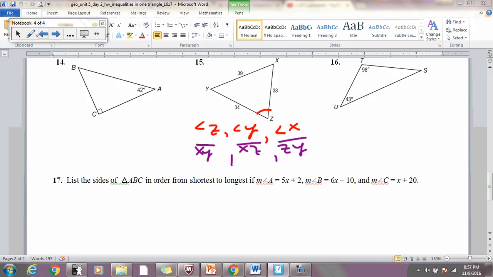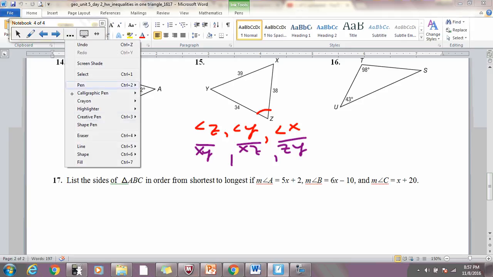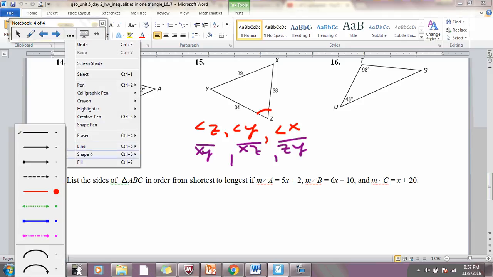Number 17 wants us to list the sides of triangle ABC in order from shortest to longest. And then they give us algebraic expressions to represent the angles. So first things first, let's draw a triangle.